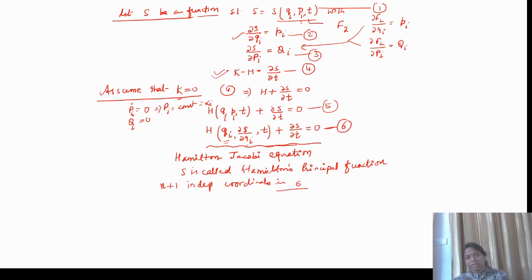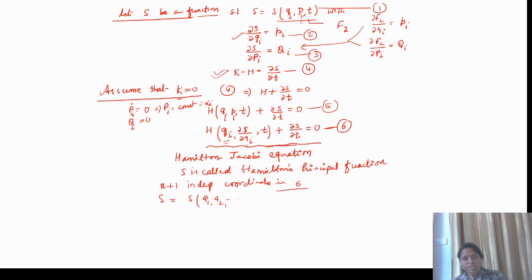So naturally, whatever will be its solution in terms of capital S, that will be a function of Q1, Q2, and that will contain n plus 1 constants of integration.